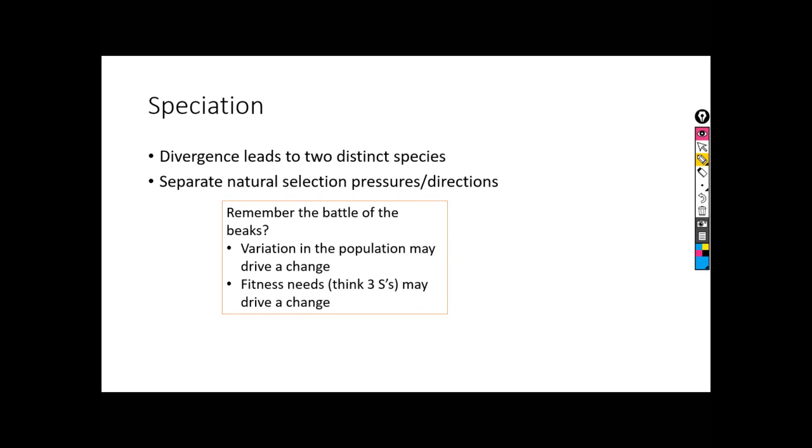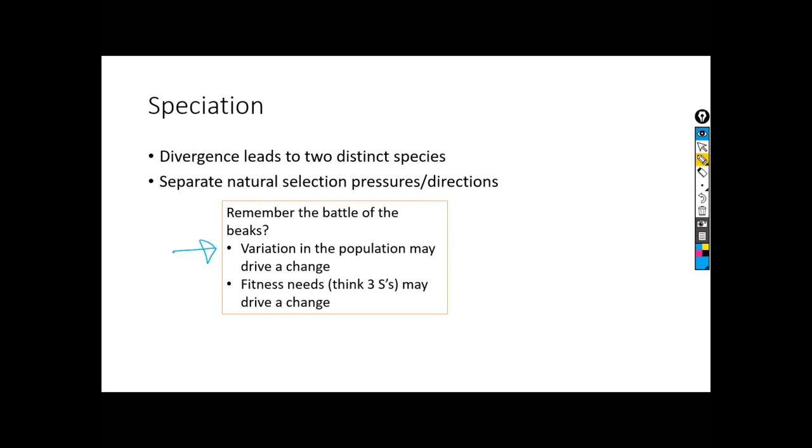Remember these two features here: having variation, and any variation. Remember, your environmental driver can be things like predators, but it also can be due to sex. But this can drive a change. And so remember, we want to think about fitness as that adaptive driver on that variation.